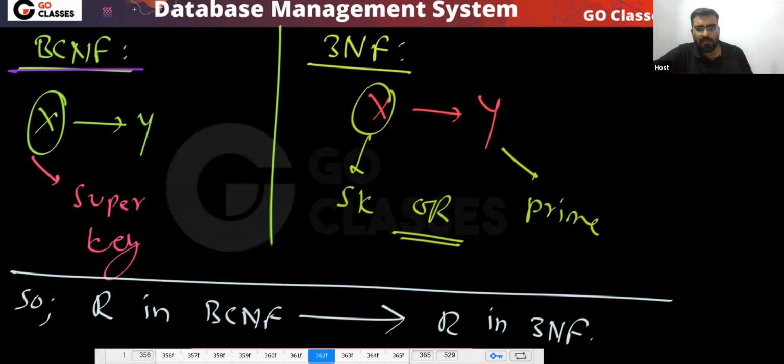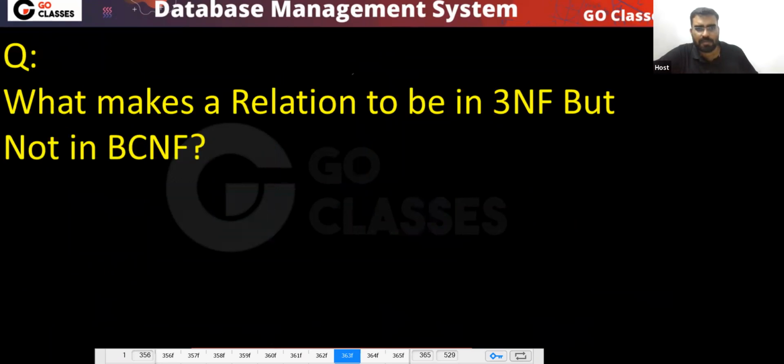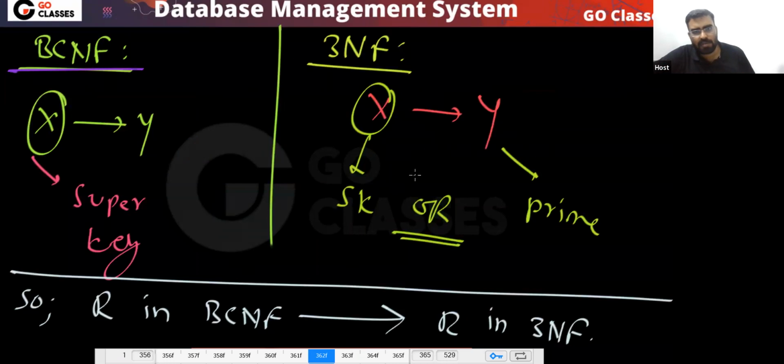Okay, tell me, when will this happen: in 3NF, but not in BCNF? From this you see, what type of FD should you have?